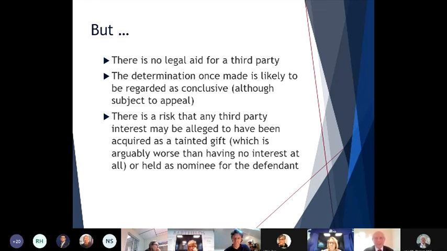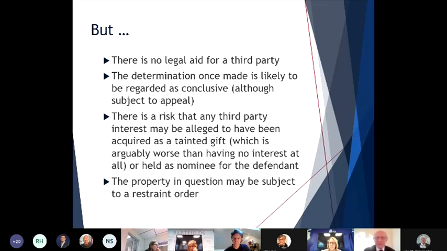Or again, you can get into issues as to whether the third party holds simply as nominee for the defendant. One of the difficulties is that in families, particularly in some cultures, you may find family members saying, well, actually, Uncle so-and-so owns all the properties that all the family live in on paper, but he's not the beneficial owner.